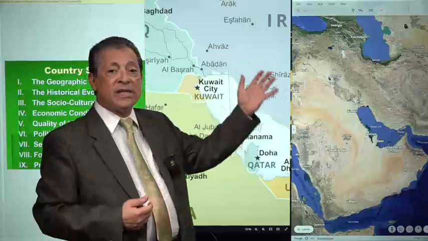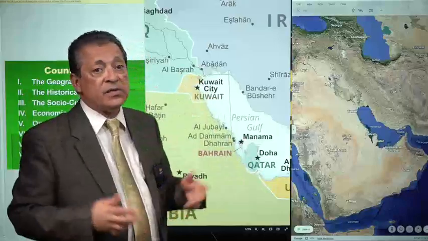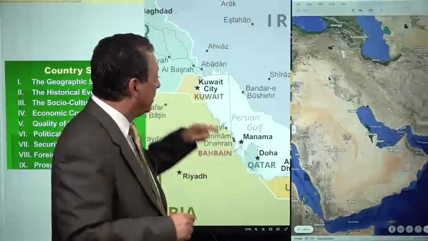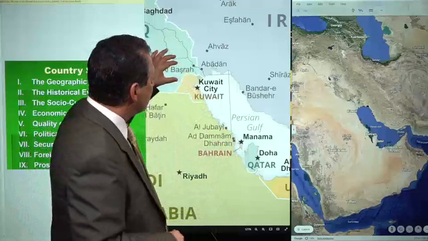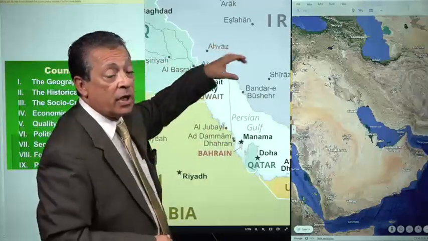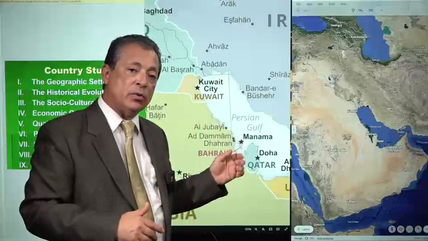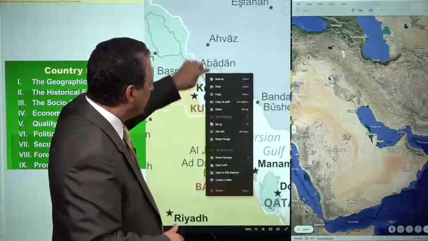Iran could always have a major navy. For Iraq, it's very easy to make Iraq a landlocked country. And actually, that's exactly what happened during the Iran-Iraq war. First, Iraqis were in Iranian territory. In the second year, when Iranians were pushing the Iraqis back into Iraq, they were able to capture a peninsula called the Fao Peninsula.